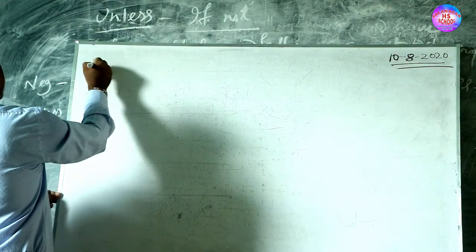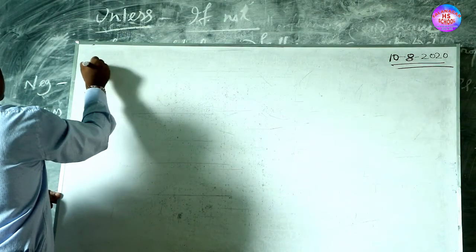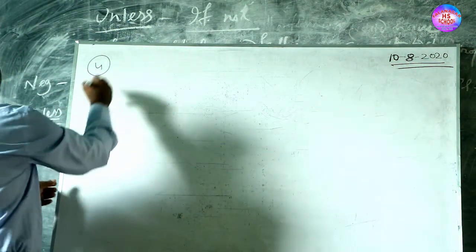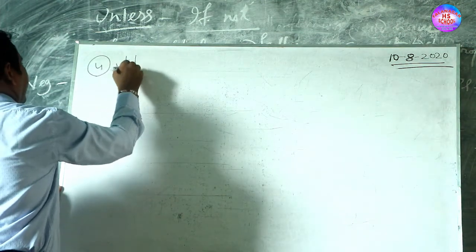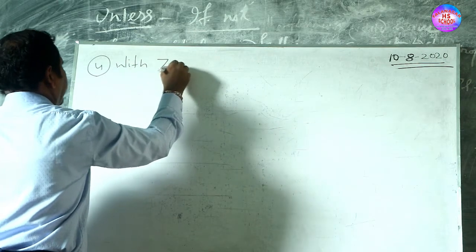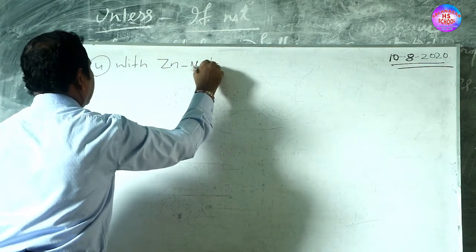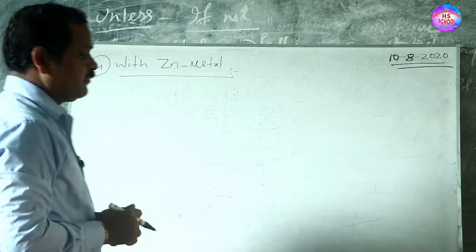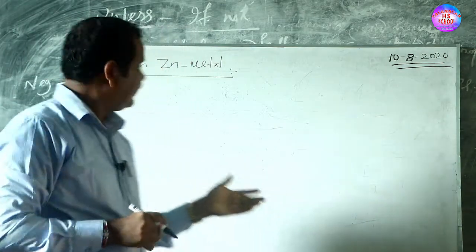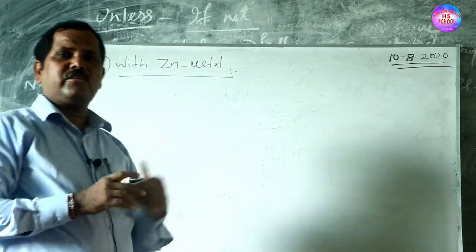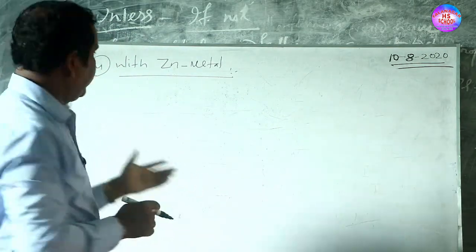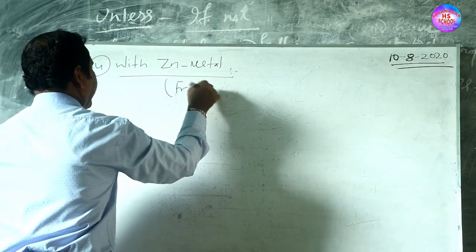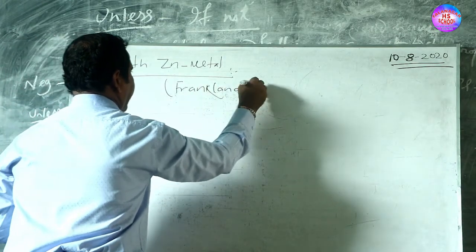Next, number 4, with zinc metal. The reaction of alkyl halides with zinc metal is called the Frankland reaction.